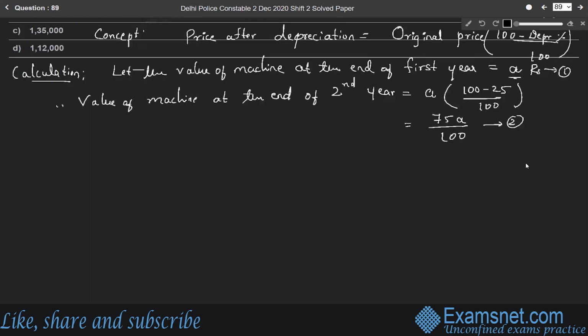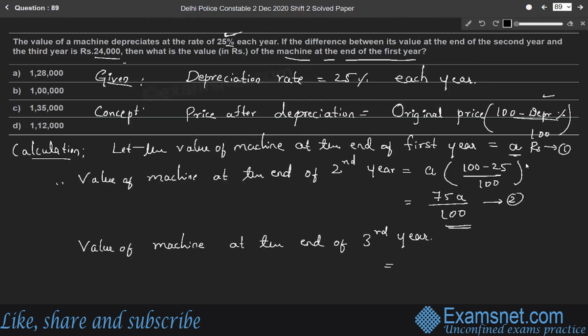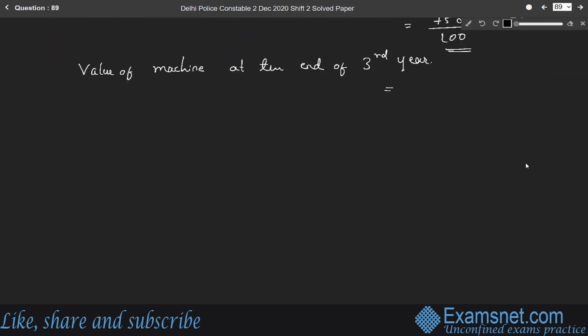Right. So in the next part of the question, the value of the machine at the end of the third year. At the end of the third year, this value 75A by 100 becomes the original value by formula: original value into 100 minus depreciation by 100.